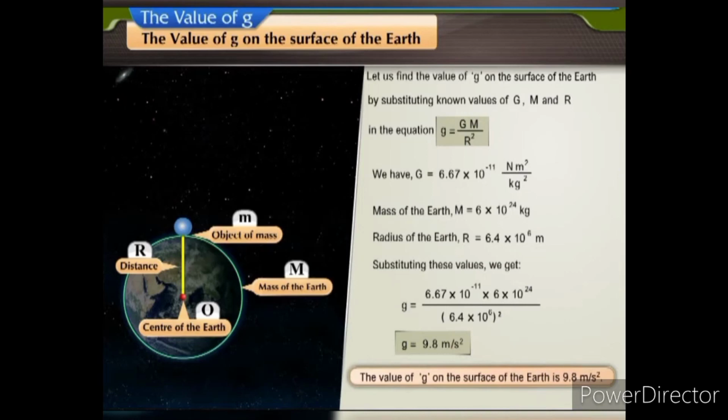Hence, the value of g on the surface of the earth is 9.8 meter per second square.